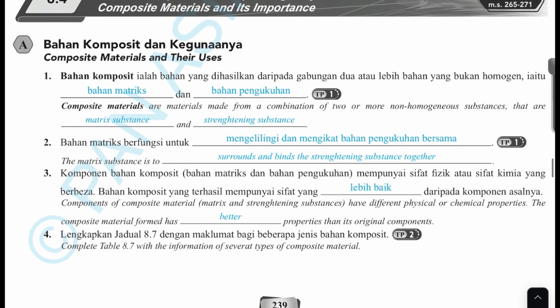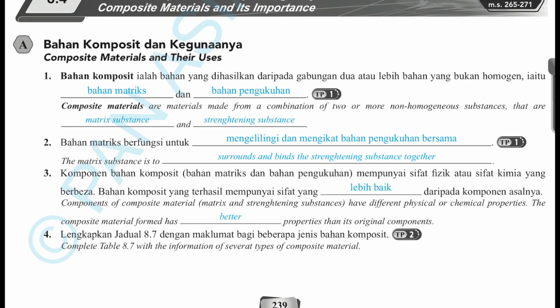Composite materials is important. Composite material are material made from a combination of two or more non-homogeneous substances that are matrix substance and strengthening substance. The matrix substance is to surround and bind the strengthening substance together.